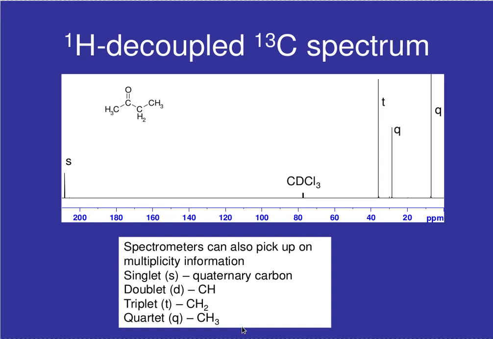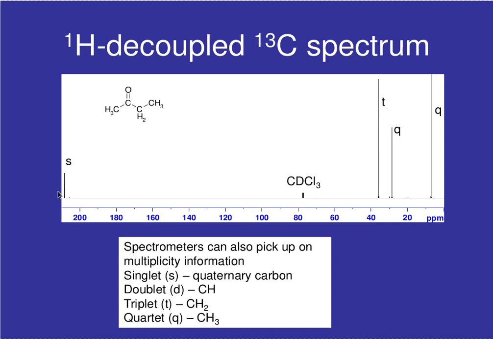And so I'm transferring that information to all the carbon spectra that we have available in this course. And what I want you to look for are these designations of multiplicity, the S, which would mean that it's a quaternary carbon, a T, that means it's a CH2, a Q, it's a CH3, or a D, which would be a CH. So that information also helps to assign signals to compounds.